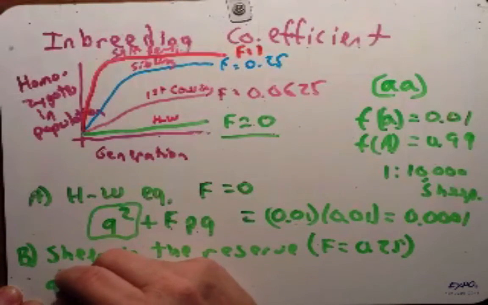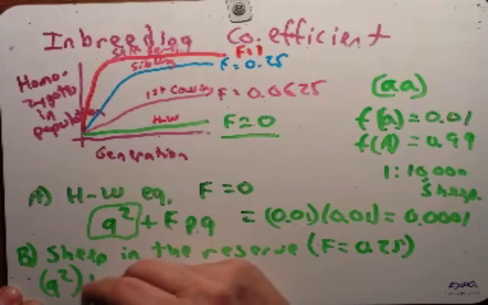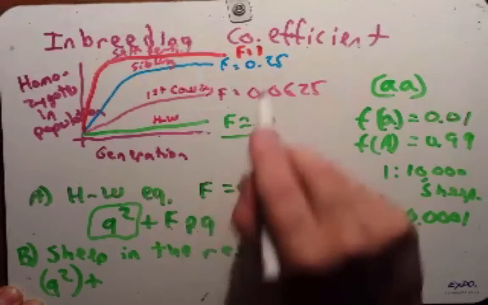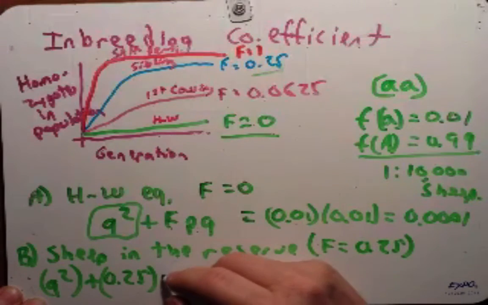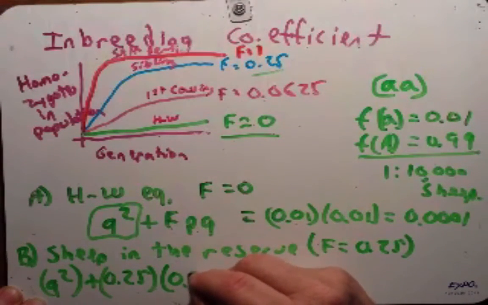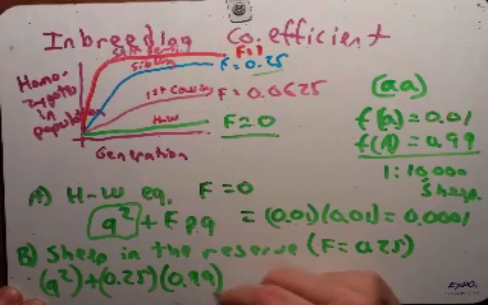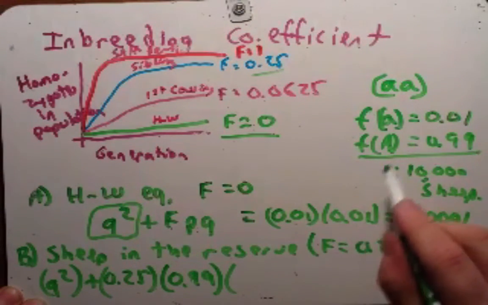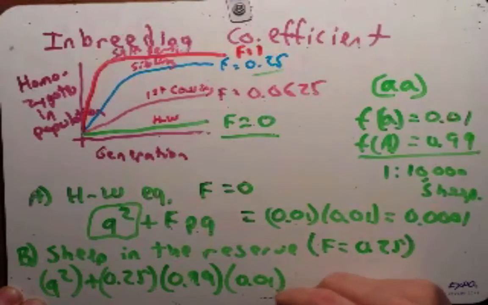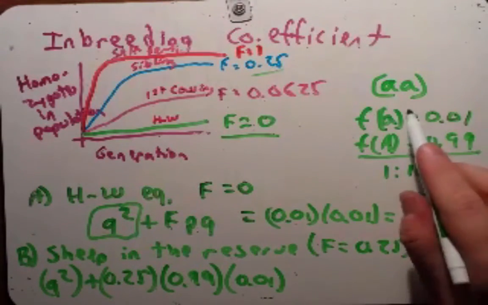So again, we're going to go Q squared plus our coefficient for inbreeding, which in this case is now 0.25, and then we're going to multiply that by our frequency of big A, which is 0.99, and then by our frequency of little a, which is 0.01. Again, our frequency of little a is not very high.